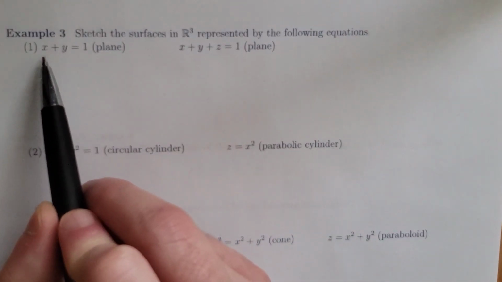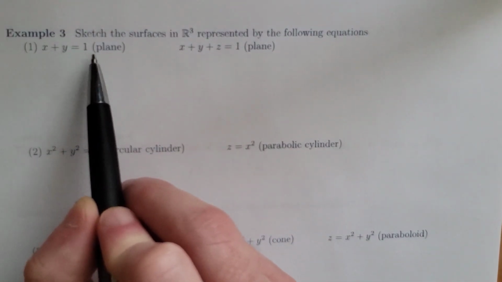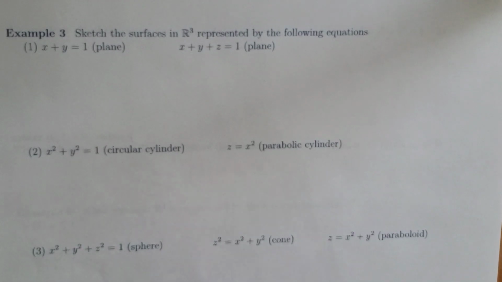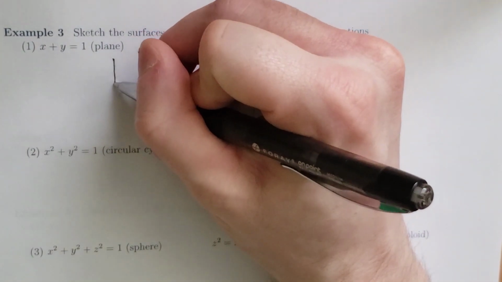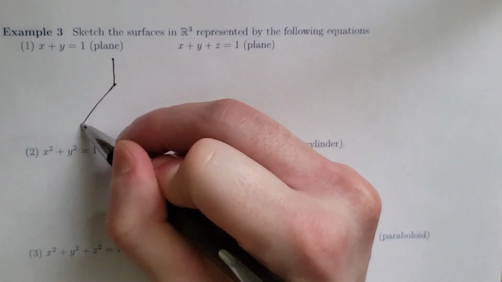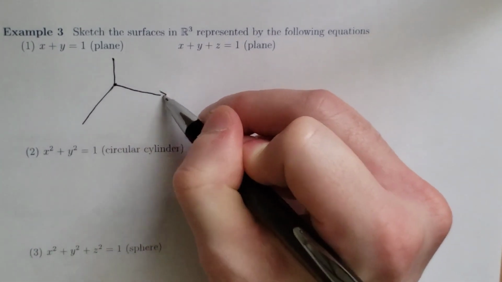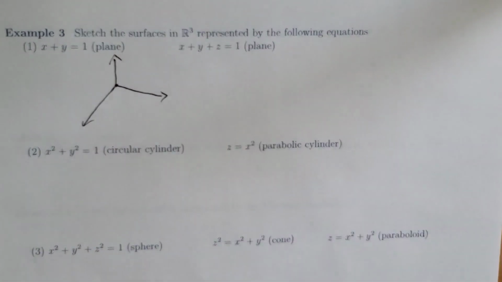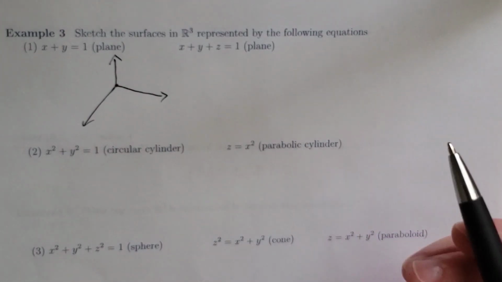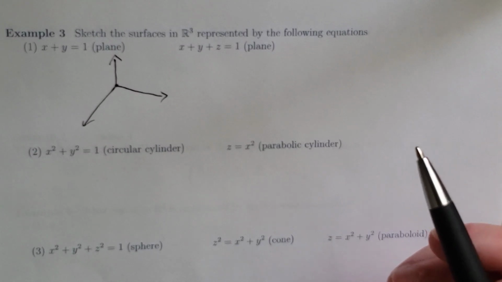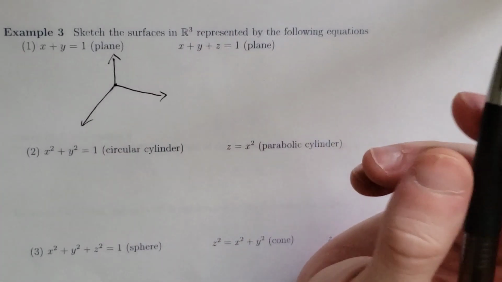Well, let's start with the x plus y equals 1 equation. Well, this is a plane, so how do we best draw that? If x plus y is 1, that means z can be anything. So we're going to essentially ignore z for the time being.